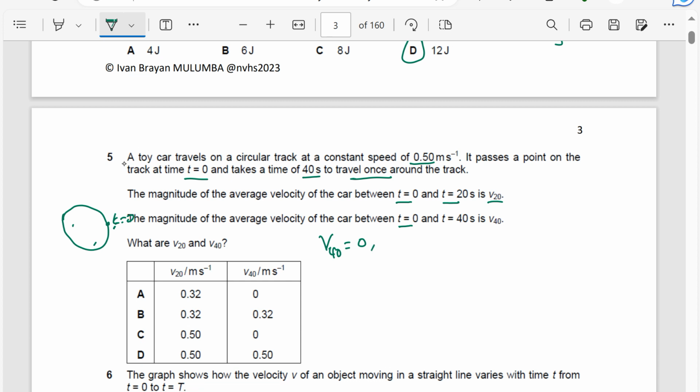So v at 40 is equal to 0 because v is a vector quantity. Coming back to the same point, the velocity is 0.